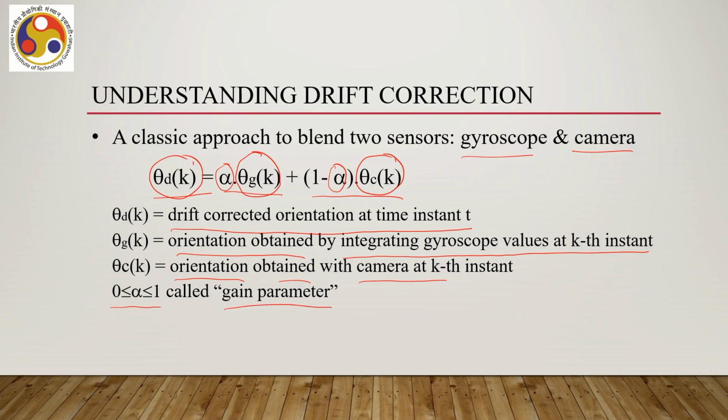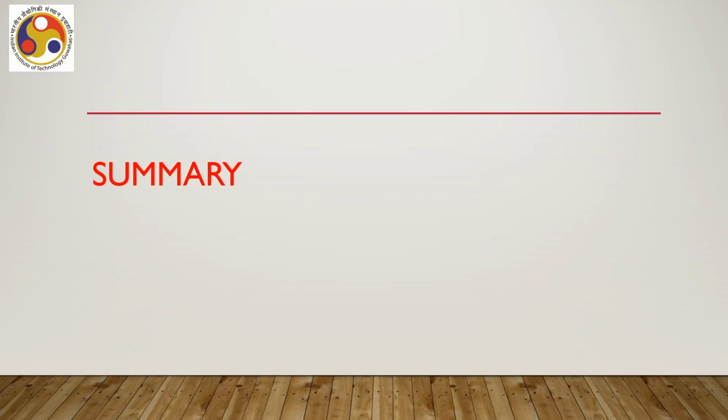Using the gain parameter we can combine the two individually computed orientations at time instance t, and then we get the drift corrected orientation at the same instant by combining them using the gain parameter alpha. So, that is in summary how the process works.